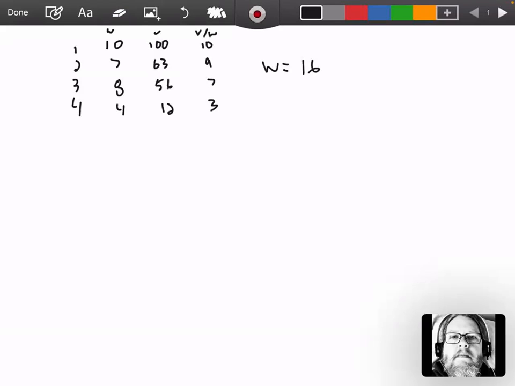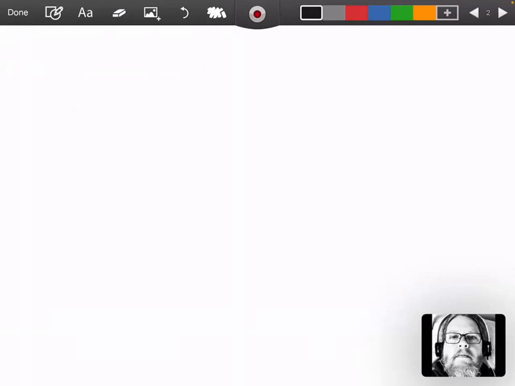Okay. So in order to calculate this, we start up here at node 0. That's our initial condition where W is equal to 0 and V is equal to 0. Okay. And in this case, if we apply the formula here, which is basically taking the current weight of 0, subtracting that from the total weight of 16 and multiplying that by the best value ratio that we have.